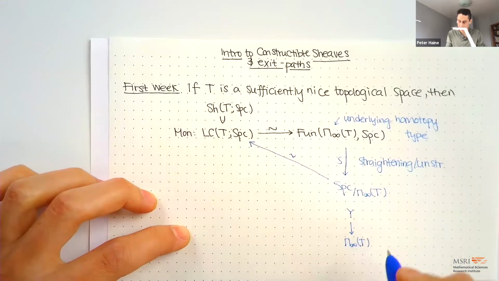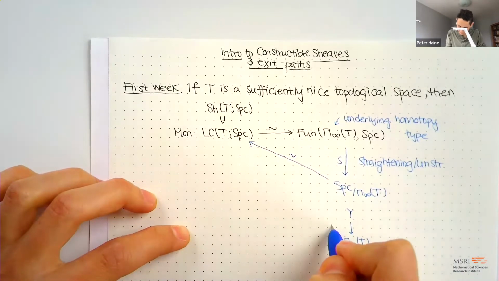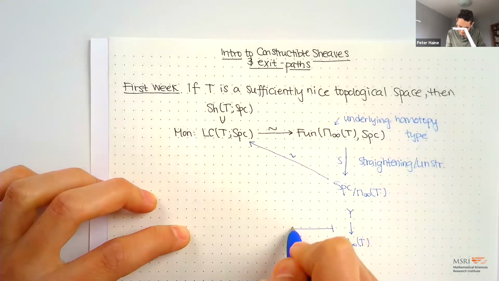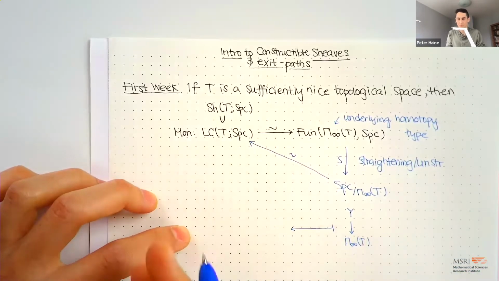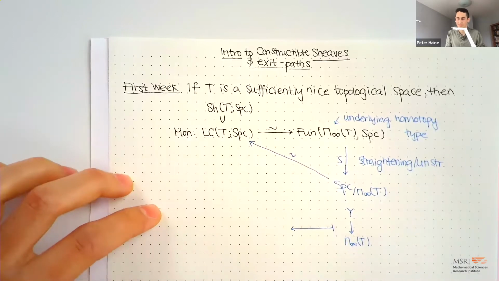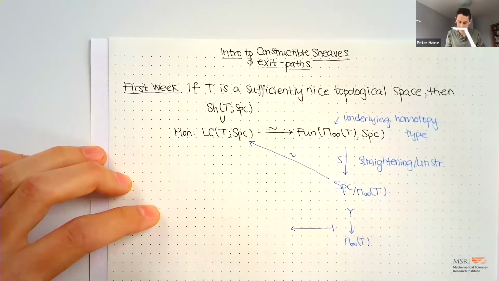space over your given space, and I need to create a sheaf out of this. I'll write down a pre-sheaf and then I'll claim that it's a sheaf and also locally constant.